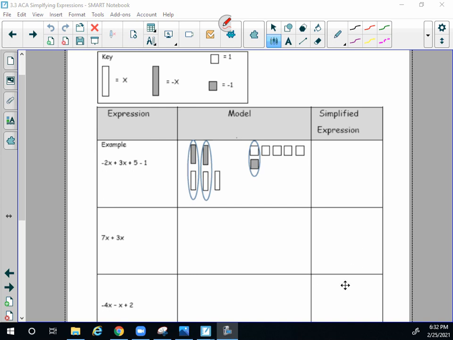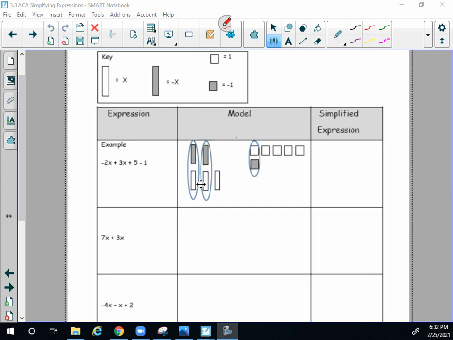That's a lot of information, so we are going to model them with our algebra tiles. So it has negative 2x, so I need two negative x's, positive 3x, so 3 positive x's, positive 5, so 5 positive 1s, and then minus 1, so 1 negative 1.